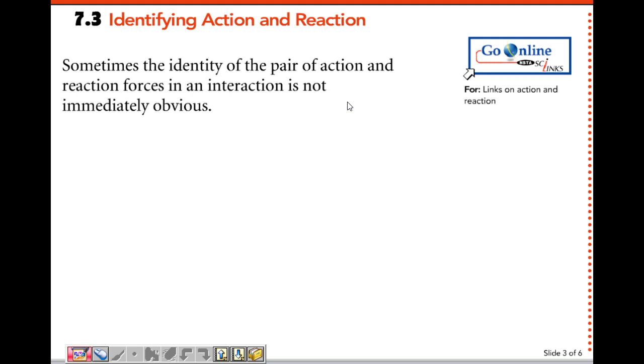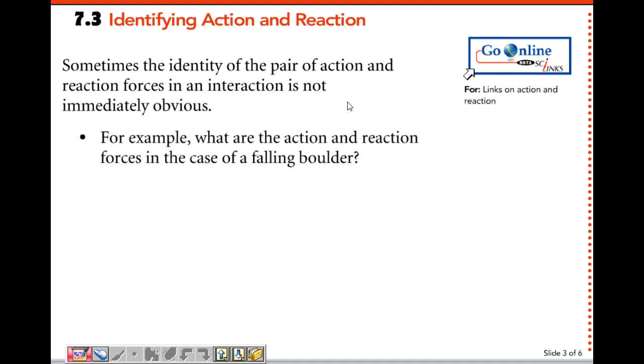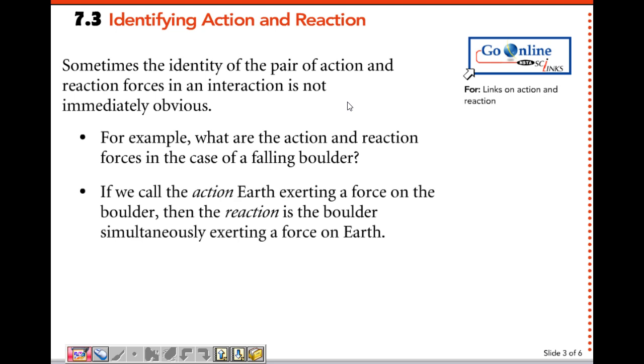Sometimes it's not as easy to identify, and sometimes the action-reaction forces are not quite as obvious as some of the examples we've been giving. So for example, let's talk about a case we've been discussing, a boulder in free fall. What would be the action and the reaction? We would say the action is Earth exerts a force on the boulder.